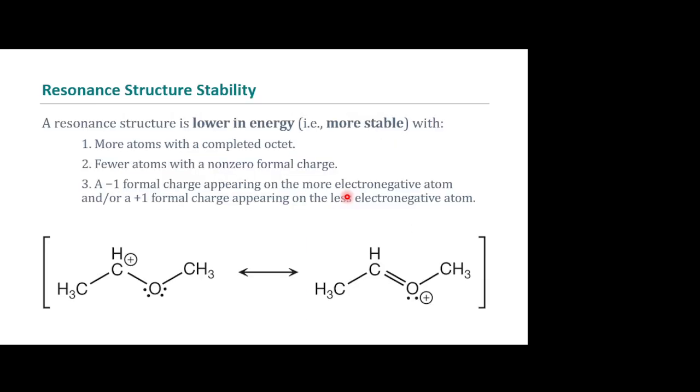Okay. So let's talk about resonance structure stability. Now, resonance structures are going to be lower energy, more stable, just like if you think about lifting and carrying your desk. If you lift it with just one person on the edge, it's harder to hold, right? You lift with two people, it's easier to hold even if they were only half as strong, right?